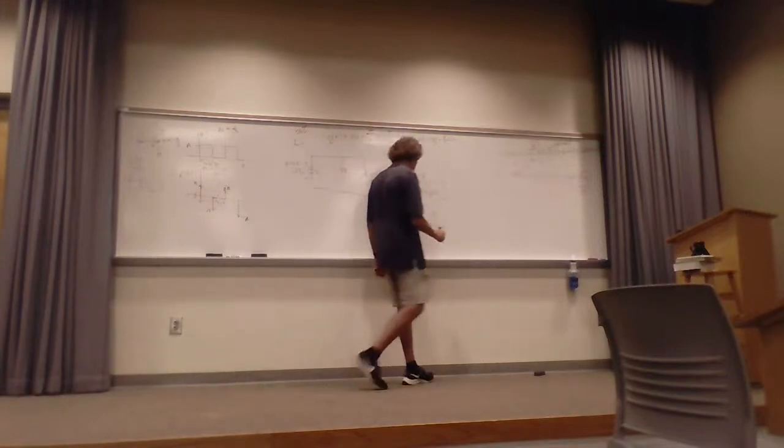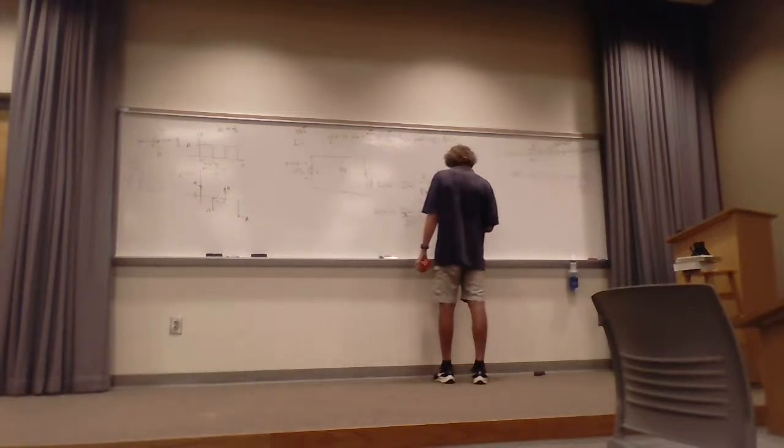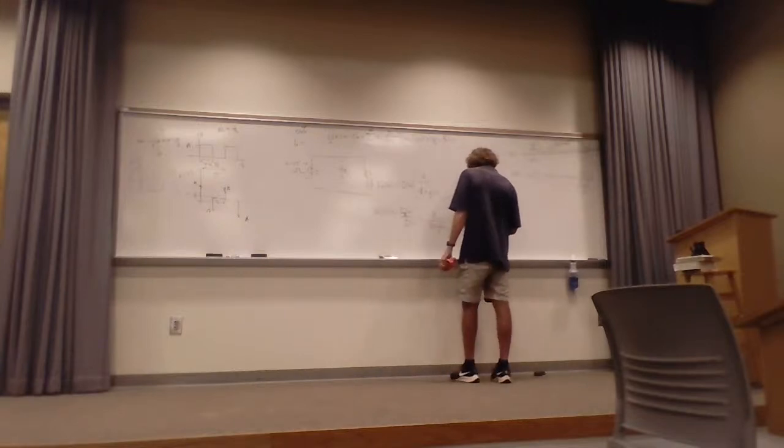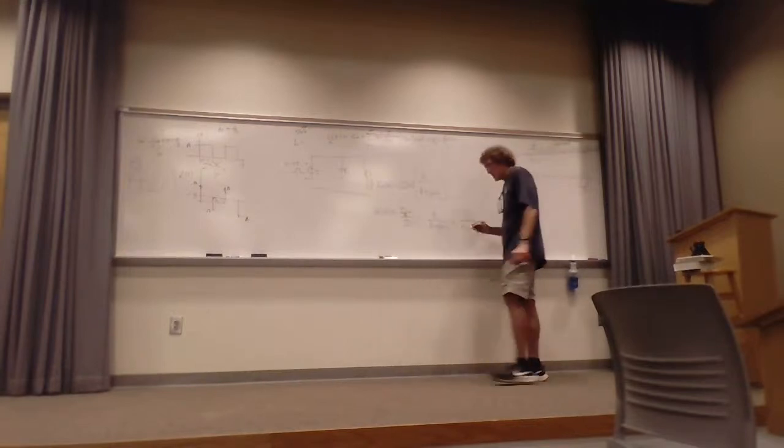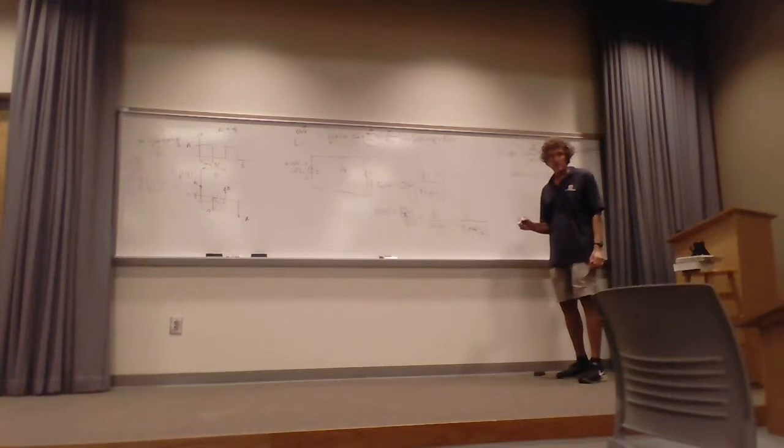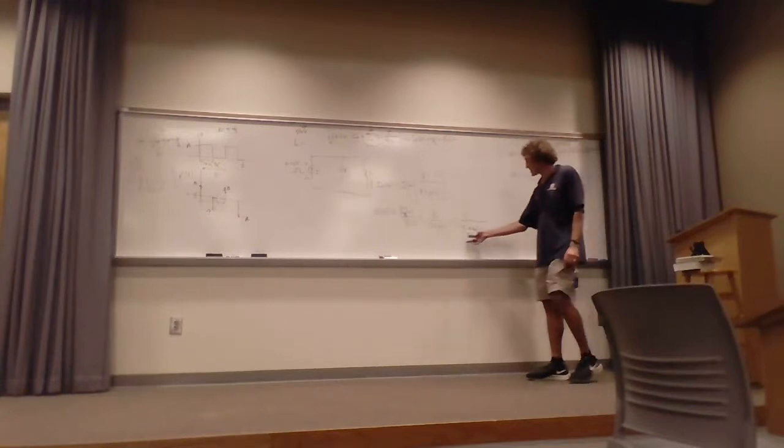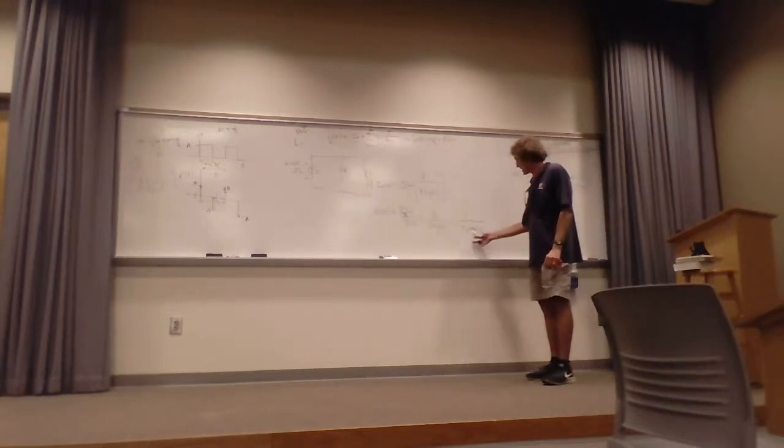Well, this is really what? If you want to, you can divide top and bottom by R, and you would have 1 over 1 plus j n omega naught L over R, right? Correct, class? And the phase angle down here is the inverse tan of n omega naught L over R divided by 1.